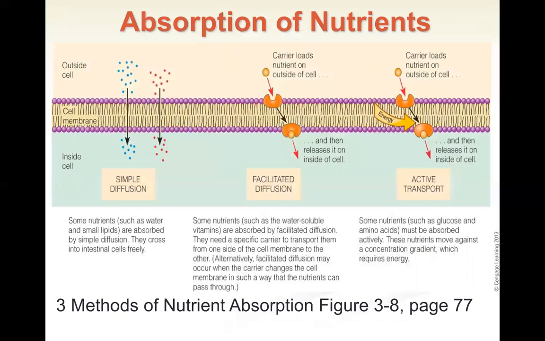In facilitated diffusion, which is seen in the middle here, a nutrient needs a carrier to help bring it across the cell membrane. And so they absolutely need this carrier. In active transport, not only does the nutrient need a carrier to help bring it across the cell membrane, but it also requires energy. And so energy is used to pass nutrients across cell membranes in active transport.